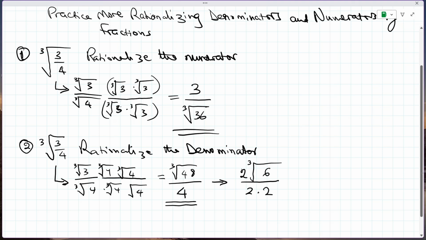So now we can clearly see that the 2 will go there and the 2 here will cancel. And finally, our answer will be cube root of 6 divided by 2. And that will be our final answer.